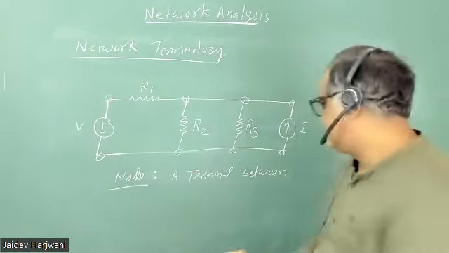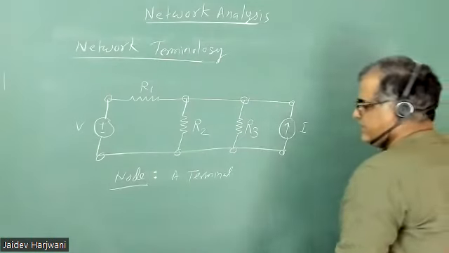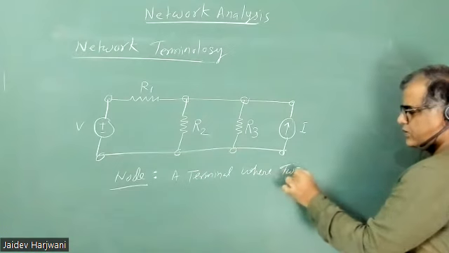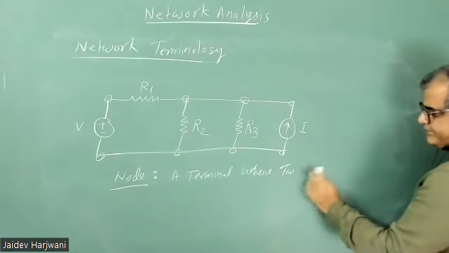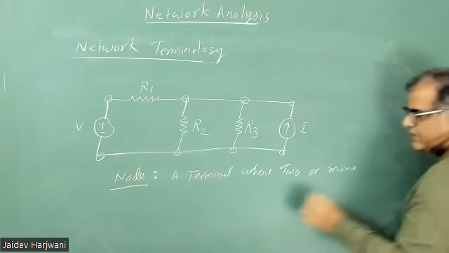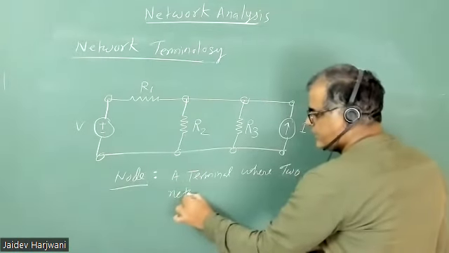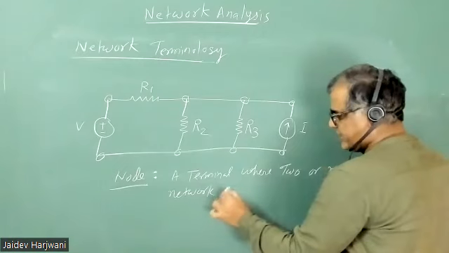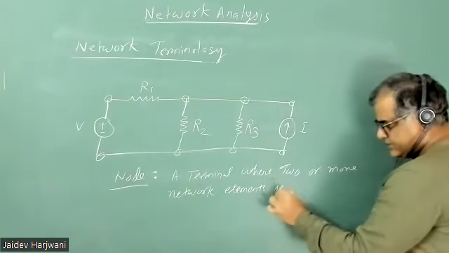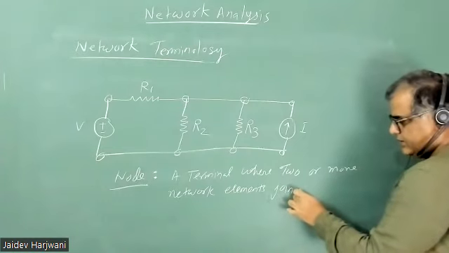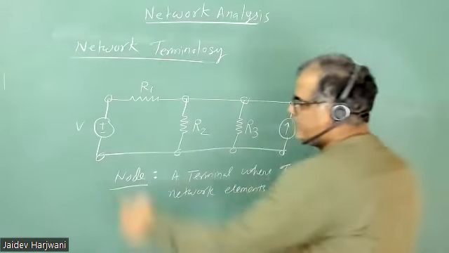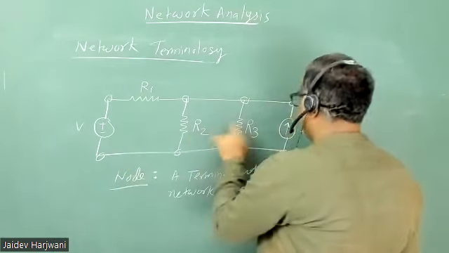A terminal where two or more network elements join is called a terminal. What is a network element? These are the network elements: 1, 2, 3, 4, 5.